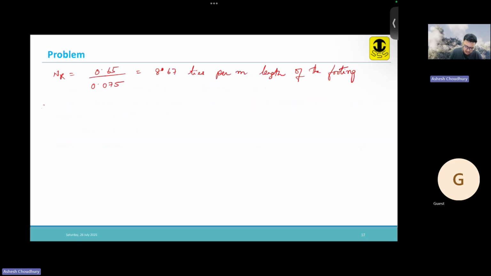Now let us find out the U and U. So it is gamma Df (Nq minus 1) plus half gamma B N gamma. You can even use your bearing capacity equation from the IS 6403. That also you can use, but just for simplicity I am using this.